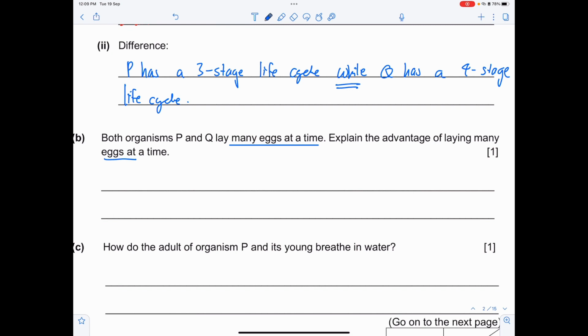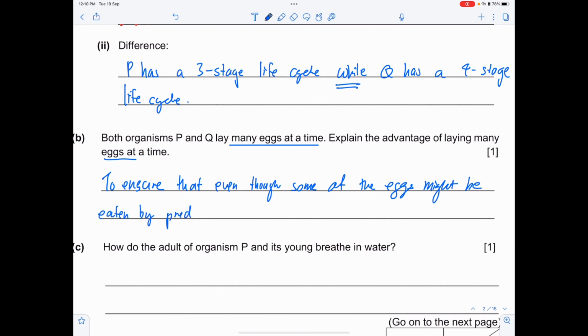All right, so you want to say that, to ensure that even though some of the eggs might be eaten by predators, some eggs will still hatch and develop into adults to continue the life cycle.